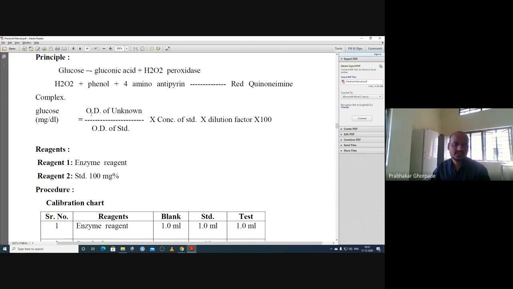If you are taking, for example, an optical density of 0.1, just for supposition, and the standard reading is also 0.1, and the concentration of standard is, for example, 100 milligram per deciliter, and the dilution factor is 1, and you multiply by 100, it will be 10 raised to 4, so 10,000 milligram per deciliter, right?